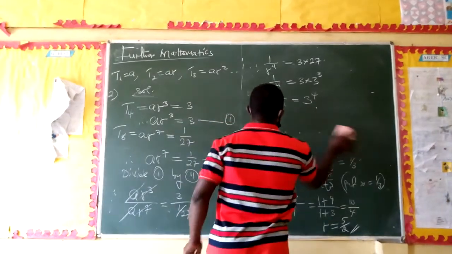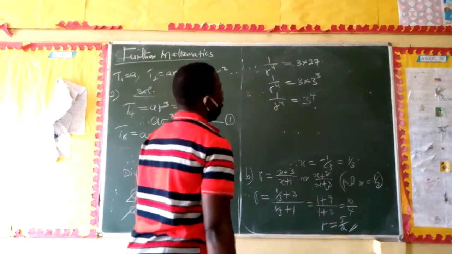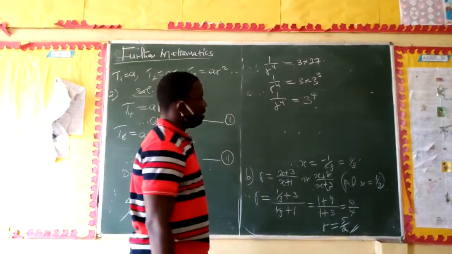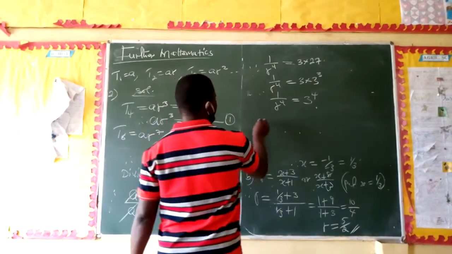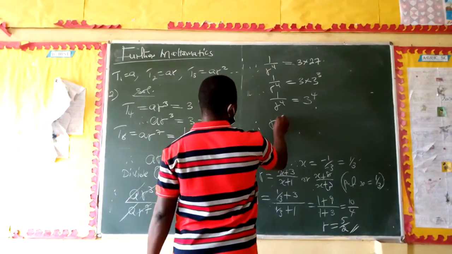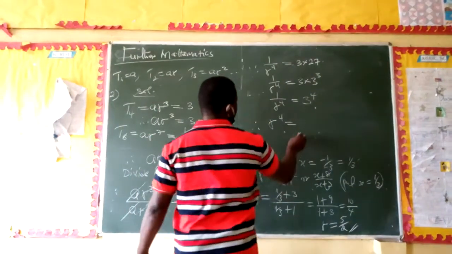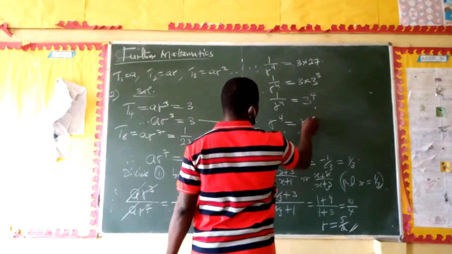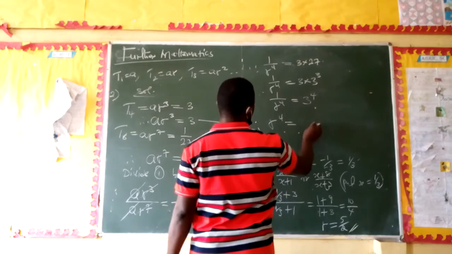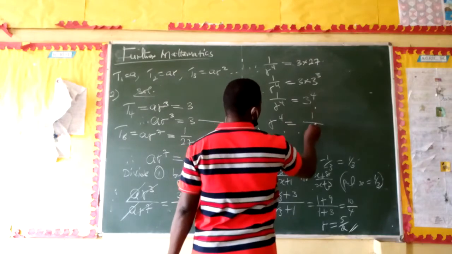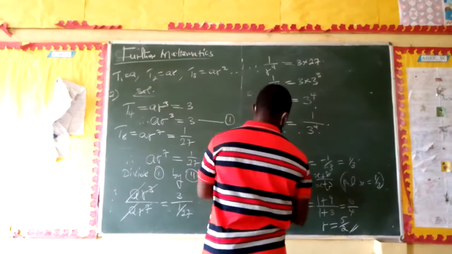Simple, right? And so, what is our R? So I can write this as R raised to power 4 is equal to 1 over 3 raised to power 4. Okay?